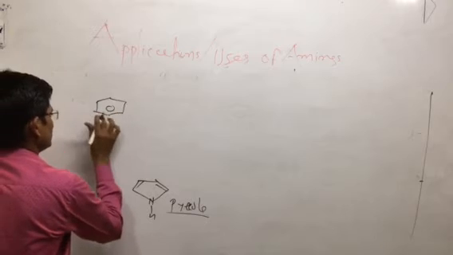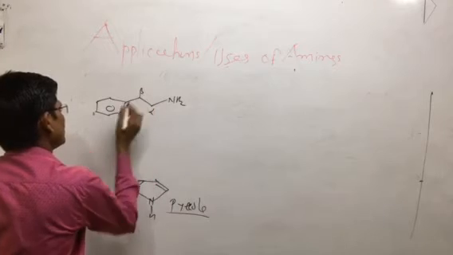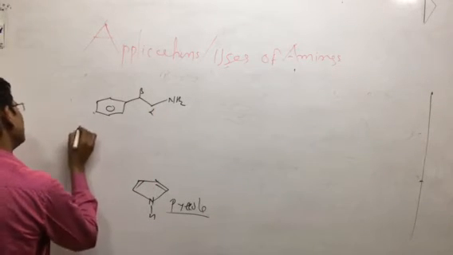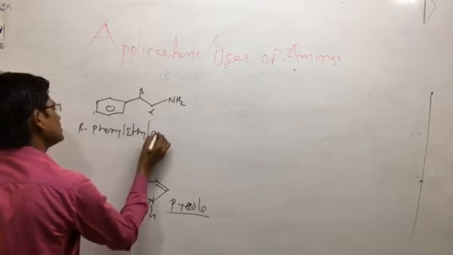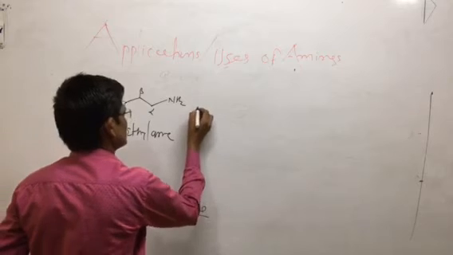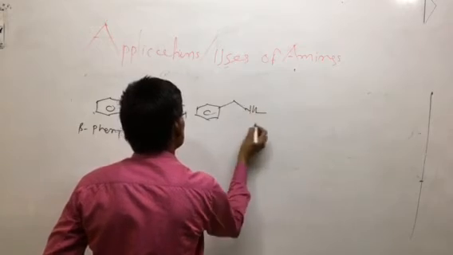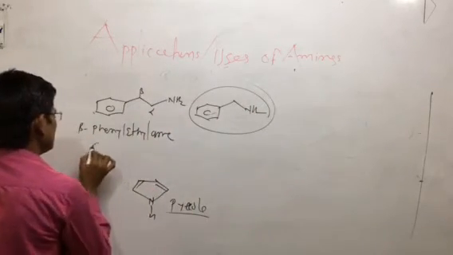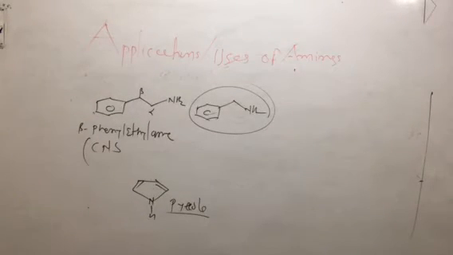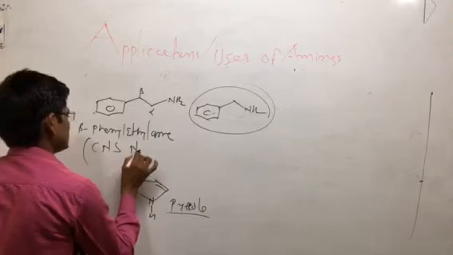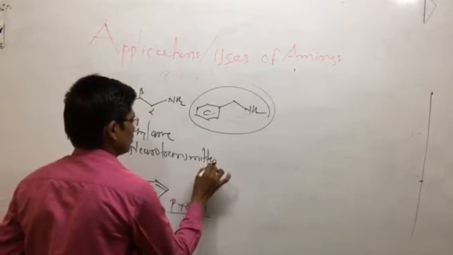For example, a benzene molecule with CH2 and NH2, alpha and beta, is beta-phenylethylamine, and its derivatives. Another compound has CH2 and NH2, which is benzylamine. This is used as a CNS, central nervous system, neurotransmitter.